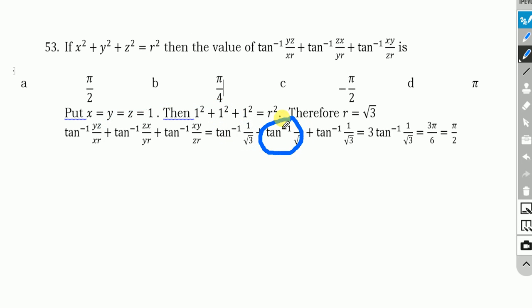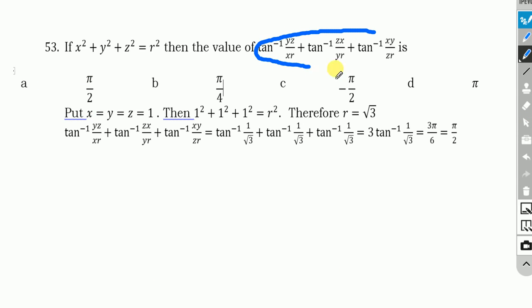Therefore tan inverse of 1 by root 3 three times, that is 3 into tan inverse of 1 by root 3. Tan inverse of 1 by root 3 is pi by 6, so I have 3 pi by 6, which is equal to pi by 2, which is option A. So this is the easiest way to get the answer for this question.